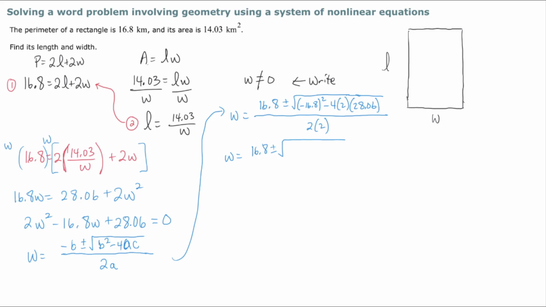So go ahead and type some things in your calculator, and we simply get 57.76 all over 4. Let's take the square root of that 57.76 and see what happens. That becomes 7.6.